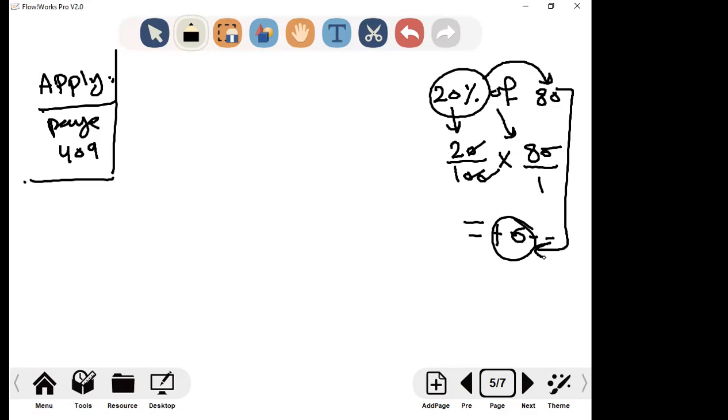Got it? Percent, turn it to a fraction. Of, turn it to what? Then multiply up, multiply down, divide, you have the wanted value. You understand this idea? This idea I took in grade 5. Now let's go to the apply question, okay?